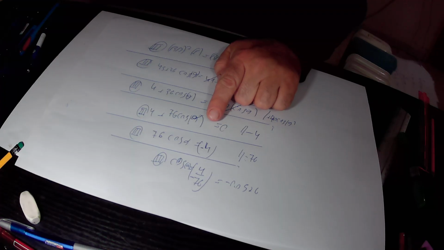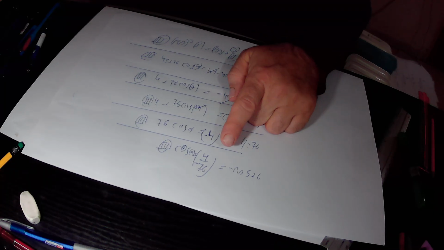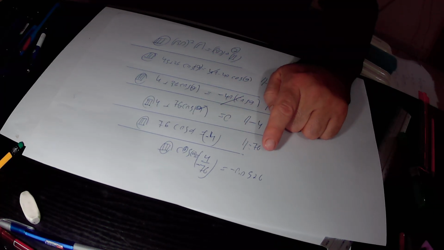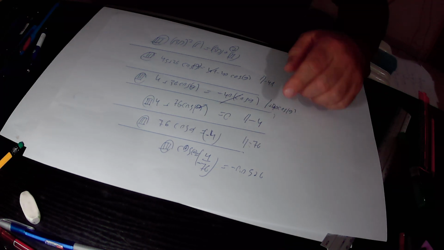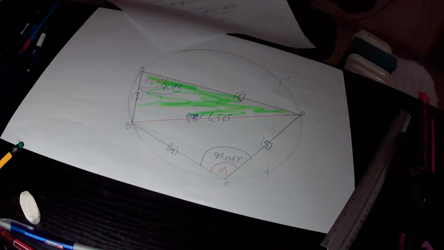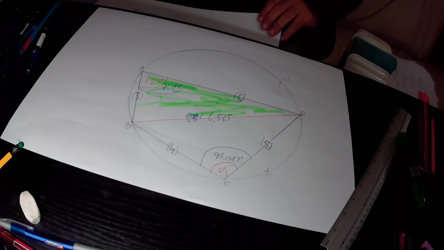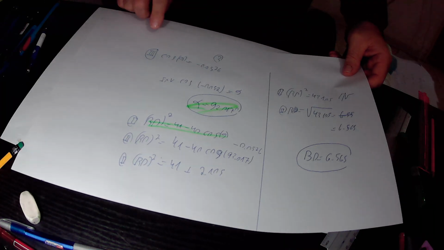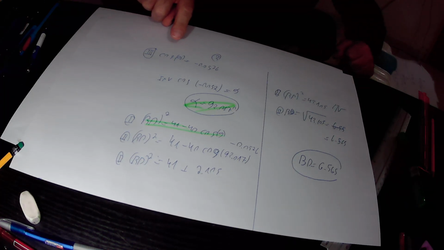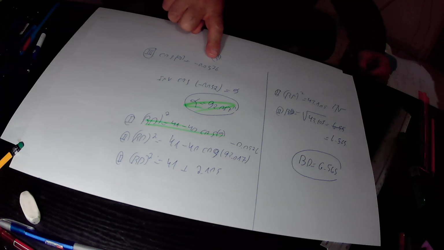Here we divide this equation by 76 and find that cosine alpha equals minus 4 over 76, which is minus 0.0526. So in total, cosine alpha equals minus 0.0526.